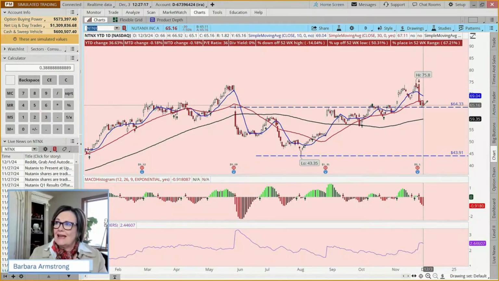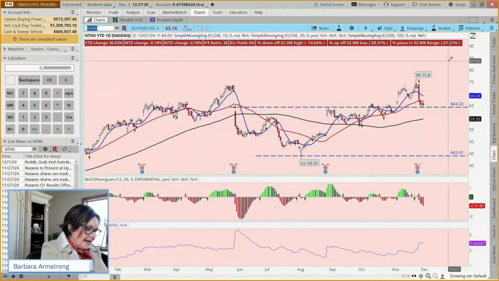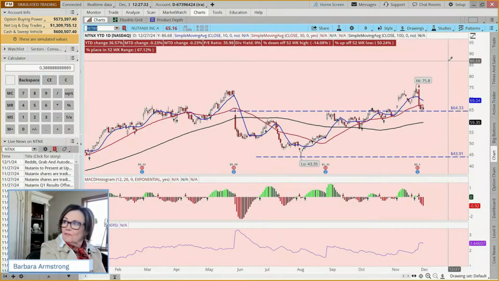So we might say, hey, if this goes up by 50 cents, so to say 67.42, I would like to buy 100 shares. And then I want to exit when it either gets to 84, which is based on that 20-point move to the upside.